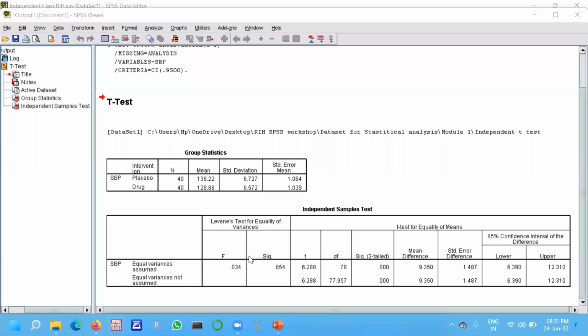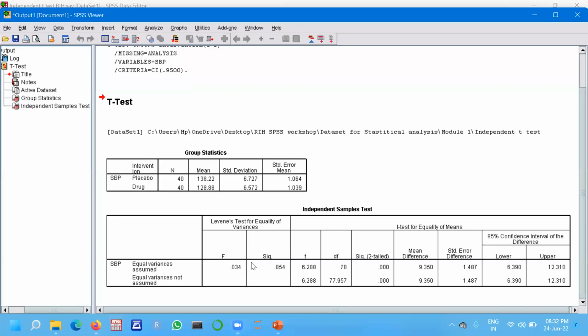Levene's test of equality of variance is a test of assumption, where the p-value is significant when it is more than 0.05, whereas the t-test is a test of significance. When it becomes significant, the p-value is less than 0.05. Hope it is clear. So now the difference in the mean is highly significant.